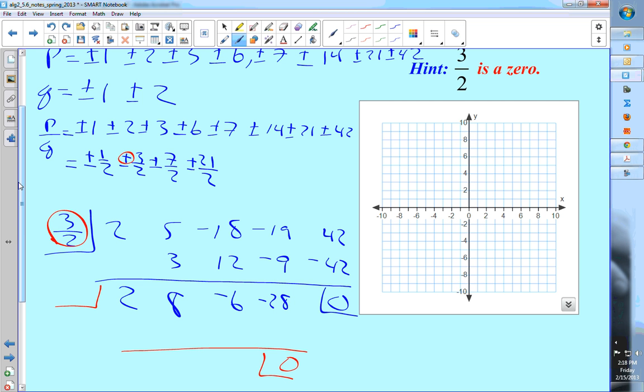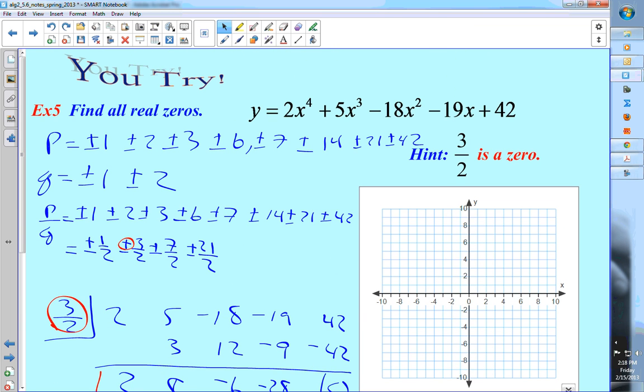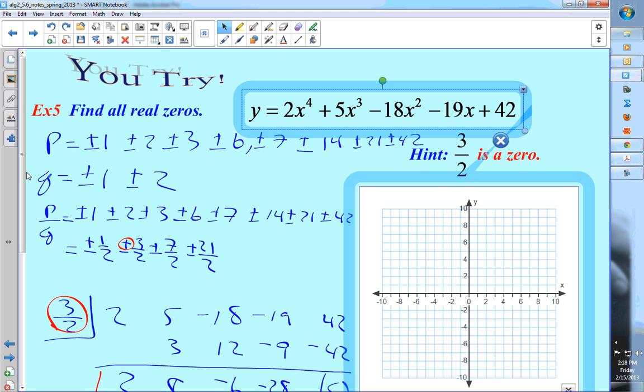Okay? So now, you're going to have to keep on with your P's and Q's. Now, it's guess and check. There's no magic way to do this. All right? Unfortunately, there's no magic way to do this. Unless you have a graphing calculator. Because you could try right here, negative 2, and see if that works.